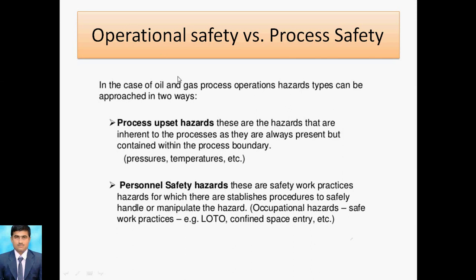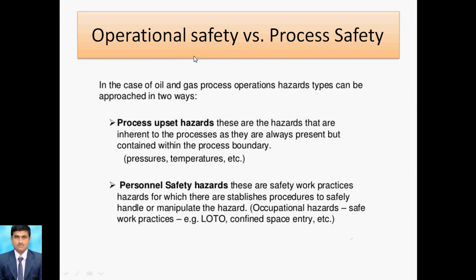This is actually operation safety, and process safety means we have to study the 40 elements. This type of study we take under process safety, and in operational safety we have to study what happens when you apply pressure and temperature, which may increase because of some reasons.